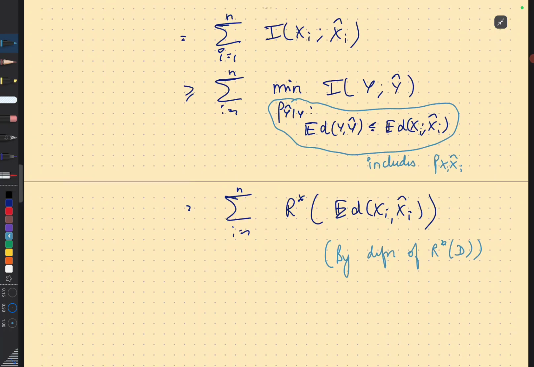Because by definition R star of D is the minimum over all p(y hat given y) with expectation of d(y, y hat) less than or equal to D of the mutual information.